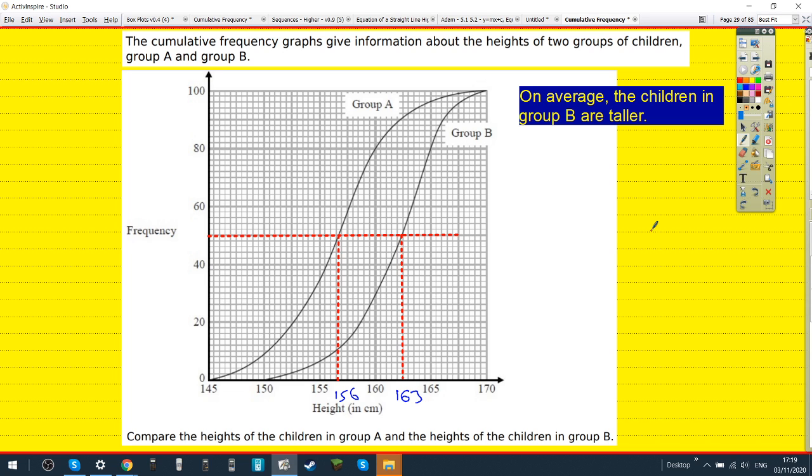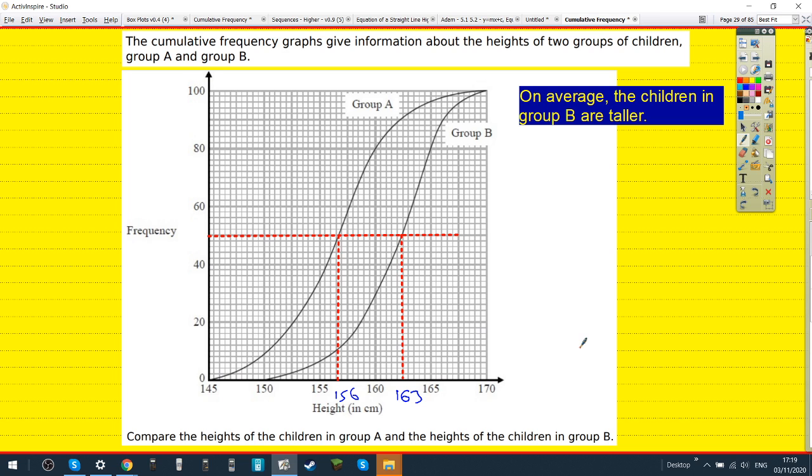Any idea what the range is for group A or group B? The range is from 100 to 0. That's the number of kids. What's the range of their heights?